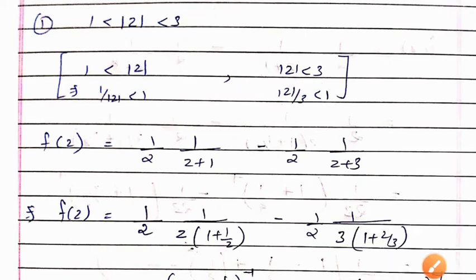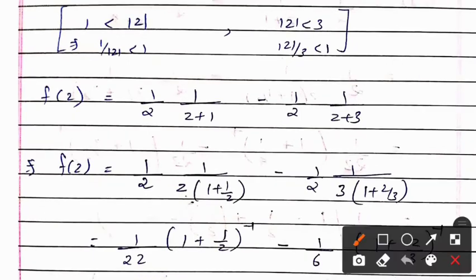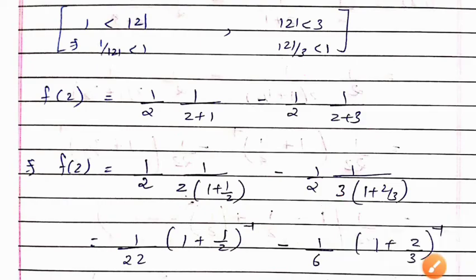Now we will try to convert this into the series form. Here I want 1 by z, so I have to take z common, so that z goes to the denominator, and I get 1 upon z into (1 plus 1 by z). In the same way, here I want mod z by 3, so to take 3 in the denominator, I take 3 common, so that I get 1 plus z by 3.